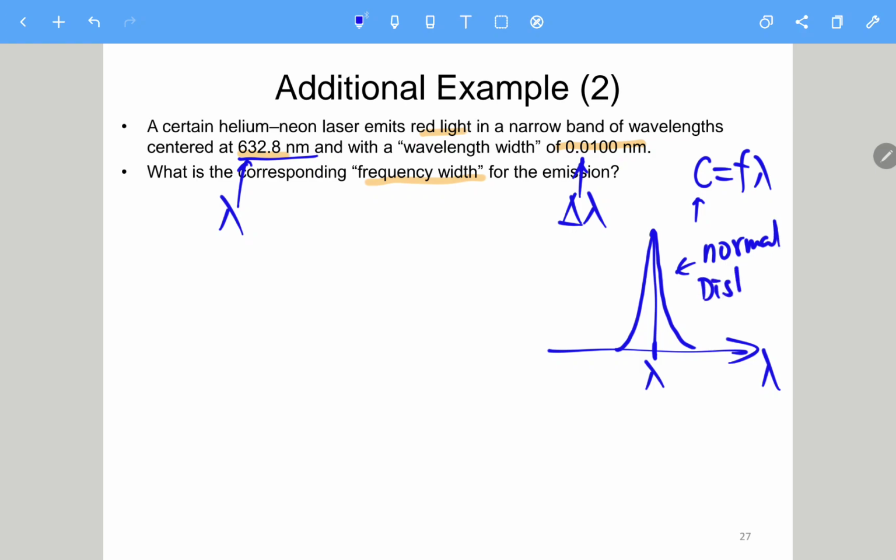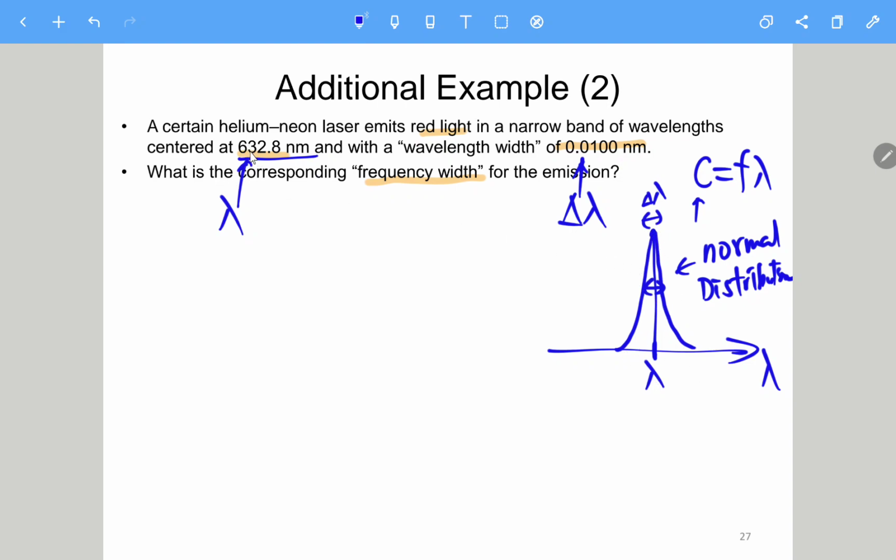So even though the wavelength is concentrated around this lambda, there is a width, which we call delta lambda, or maybe you specify half of it. So the wavelength is not that accurate.